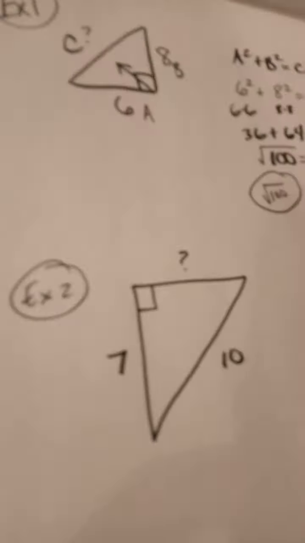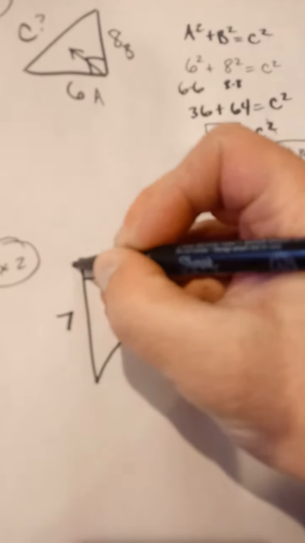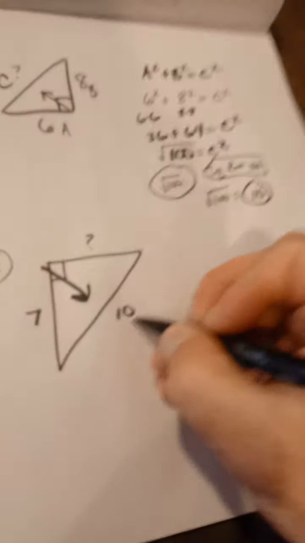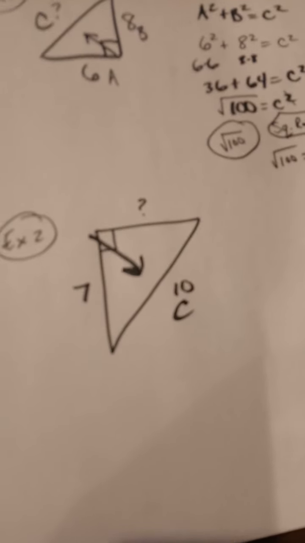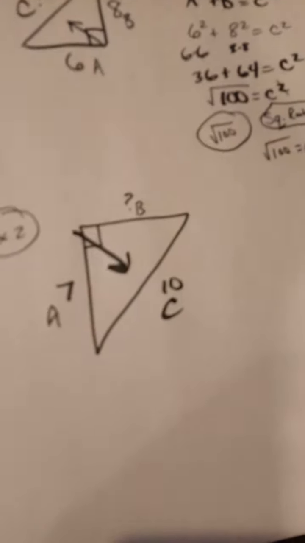Example number 2. First thing I'm going to do is draw my arrow to determine where c is. 10 is going to be c, and 7 and the question mark are my a and b. Doesn't matter which is which. Write down my formula: a squared plus b squared equals c squared.